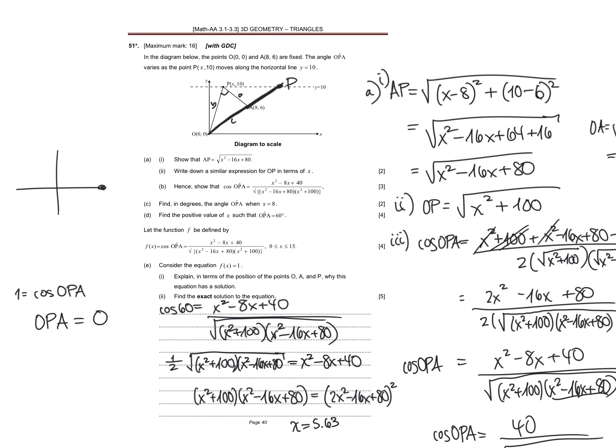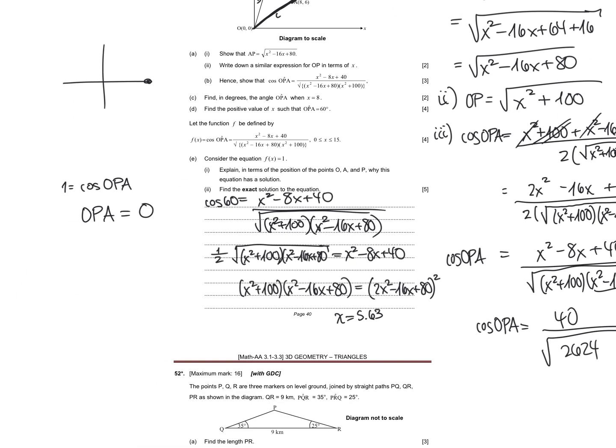Yeah, so in terms of the position, they're all on the same line. And find the exact solution to this equation. So when we would do 1 equals x squared minus 8x plus 40 over square root of this.